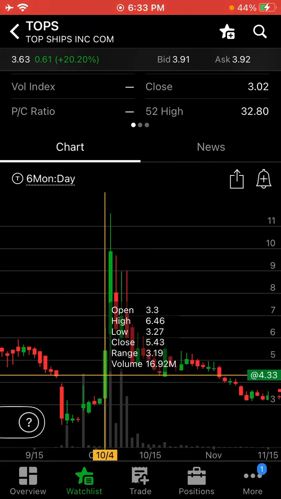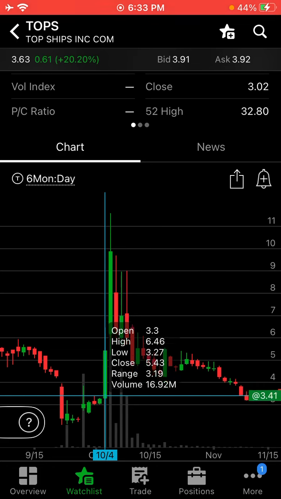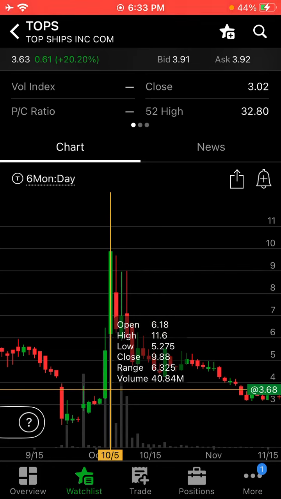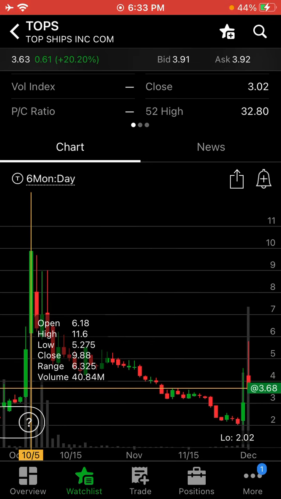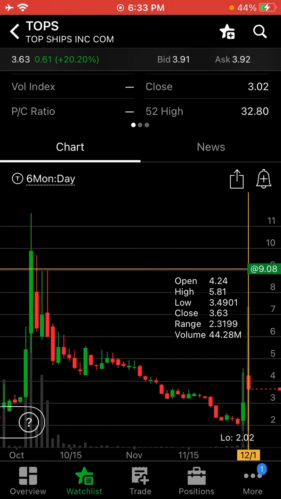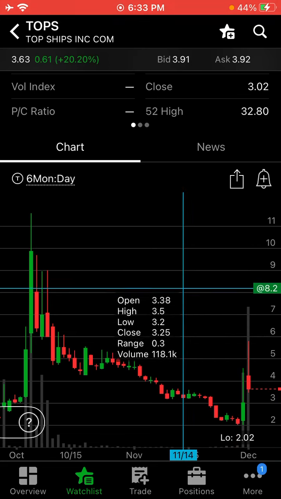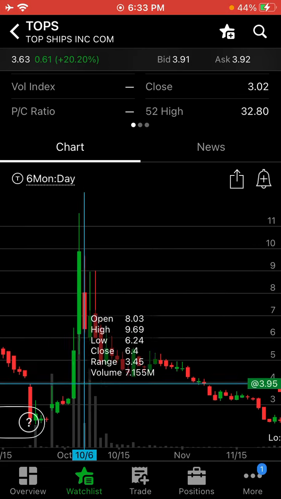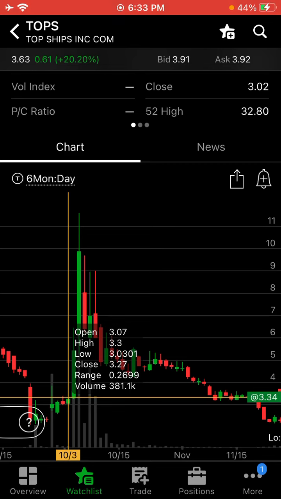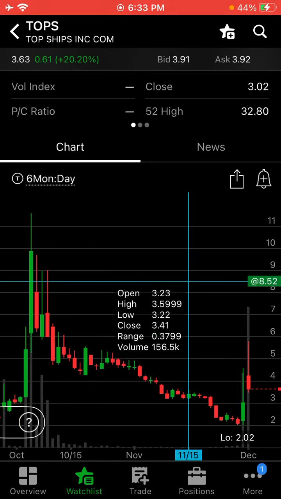And so we can say that obviously there's a lot of float rotation here. And on 10/5, the volume was 40 million. And today I think it was also like 40 million. So these 2 days, it was similar price action. And then this stock just kind of spiked more. It went from like 3 to 11. But it's a similar situation.